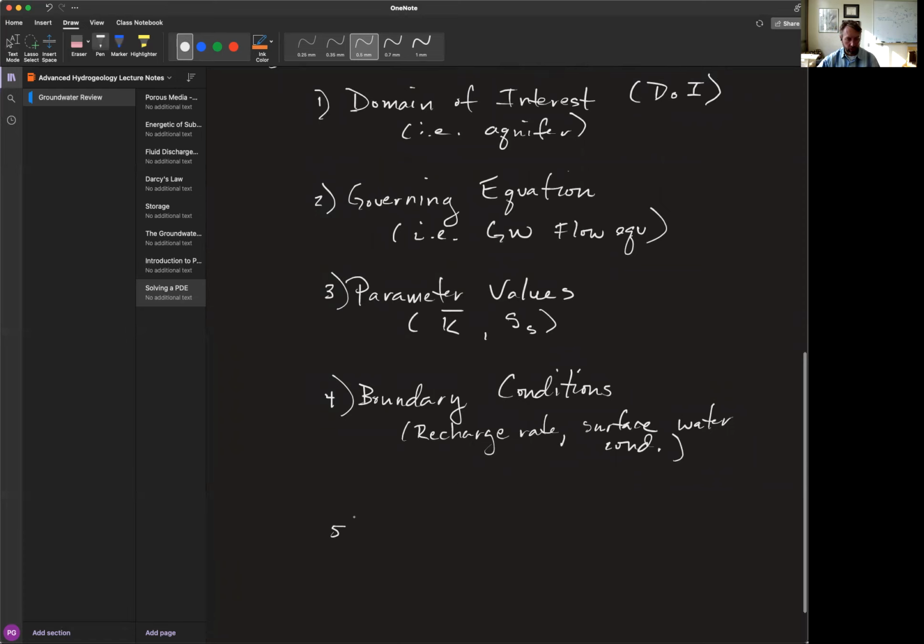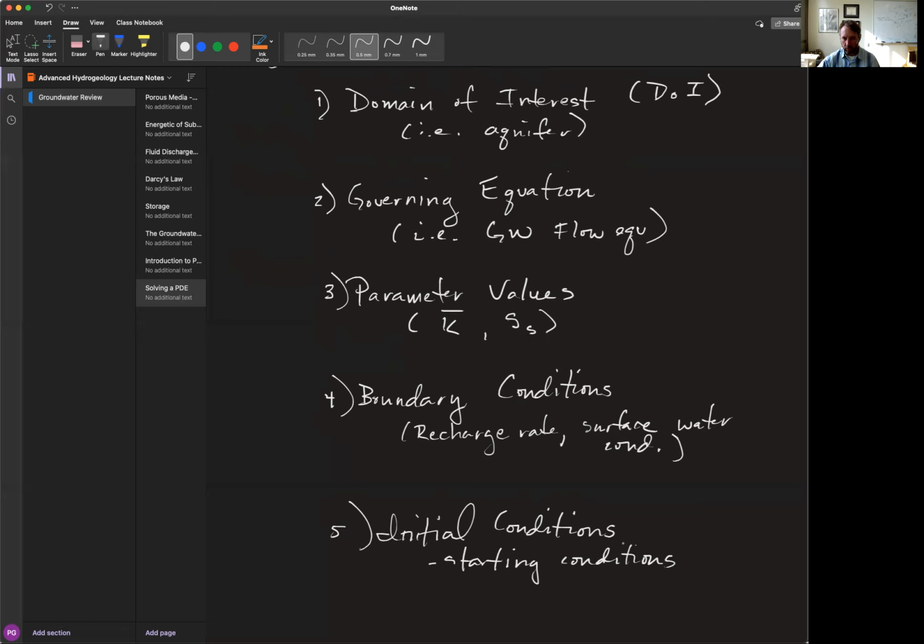And then the final thing we need is the initial conditions. This only makes sense if we're considering a system where the head changes in time, for example, so we have a transient system. Then we need to know where to start. This is the starting condition, and this is really uncertain for groundwater modeling, because, for example, if we're trying to simulate an aquifer, when do you start time equals 0?